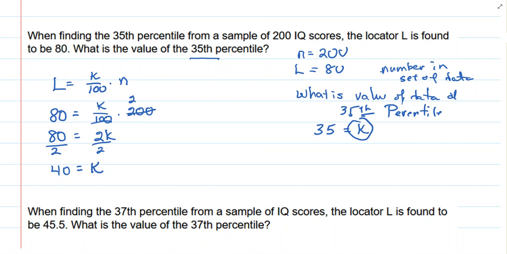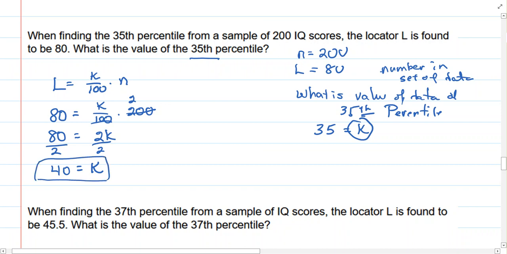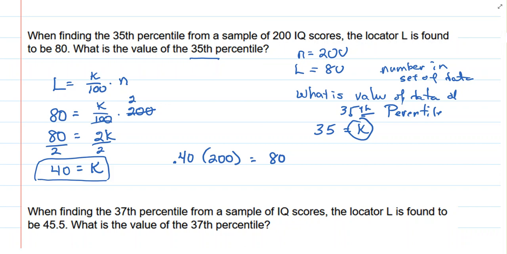So now that we know the percent or the count, we're going to find the percent. So here we go. 40% of the 200 equals 80, because that's the locator. So if I do the math, I get 80 equals 80.